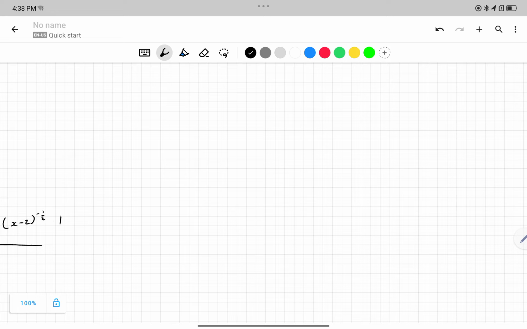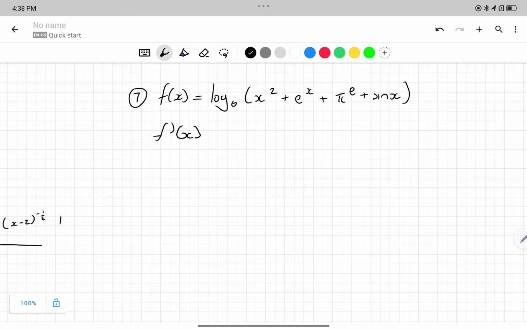Last but not least, we've got 7. f of x is equal to ln of x squared plus e to the x plus pi to the e plus sin x. This one is really nice, honestly speaking.